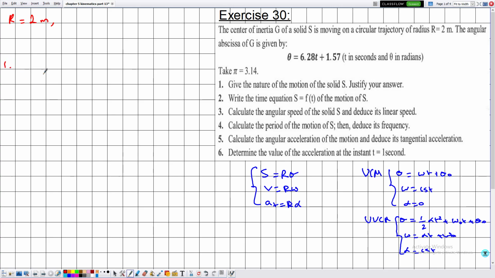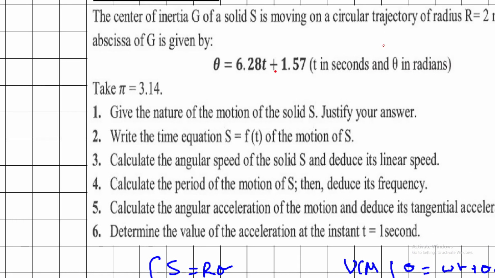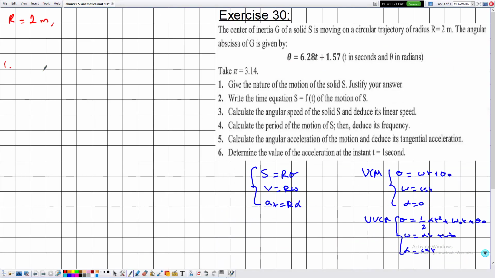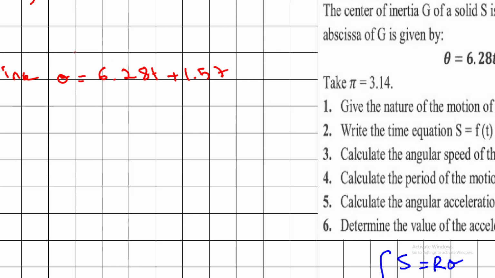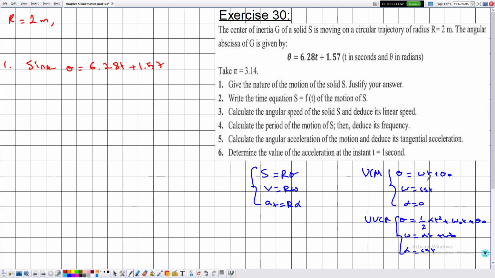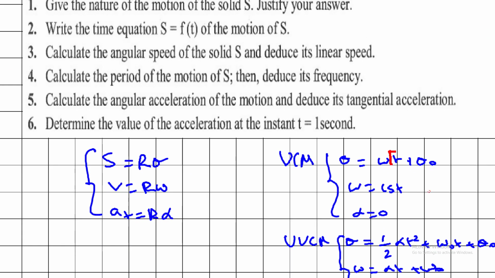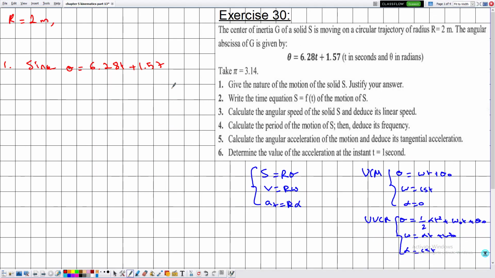Now in number 1 they are telling me to give the nature of motion of the solid S, and the nature of motion is identified by referring to the given form. Since theta is equal to 6.28 t plus 1.57, notice that the angular position is linear in time. Whenever the angular position is linear in time, this means that the type of motion is UCM. It verifies the general form.